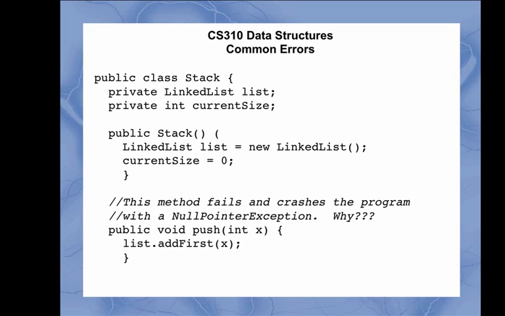So the class level linked list list was never created at all. It was set to null at the beginning and it remains null, so when you call the push method and you say list.add first, you get an immediate null pointer exception because list is null. It was never allocated. What's the solution?